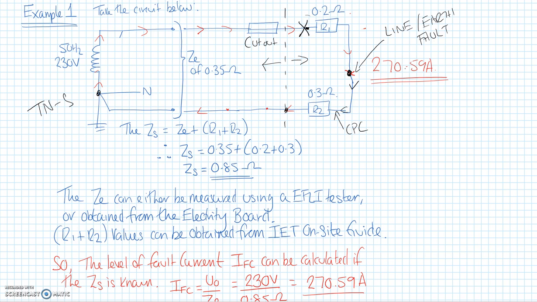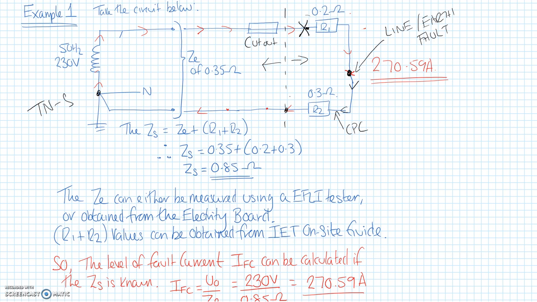The problem is, if we leave this amount of fault current in this circuit for any short period of time, and I'm talking about seconds really, then we would probably have a fire on our hands. We'd have severe thermal effects. This particular type of cabling is probably designed to take continuously 20-30 amps depending on its size.